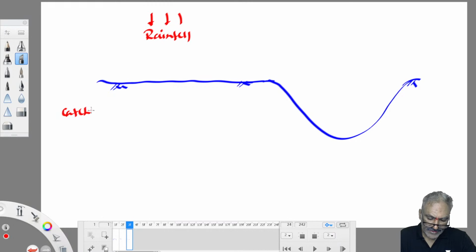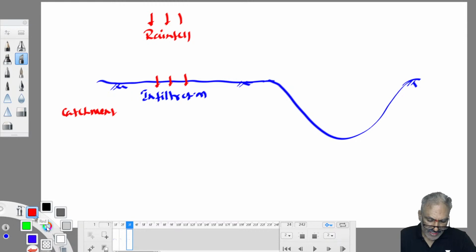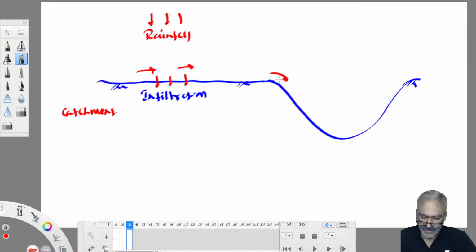After meeting all catchment losses, what is the catchment loss? Infiltration loss. The instant loss is infiltration only. After infiltration, the remaining portion of runoff flows above the ground and joins the water body. This is called surface runoff.